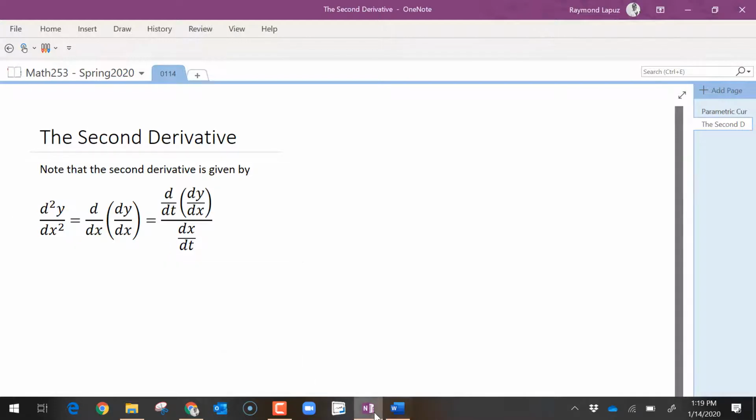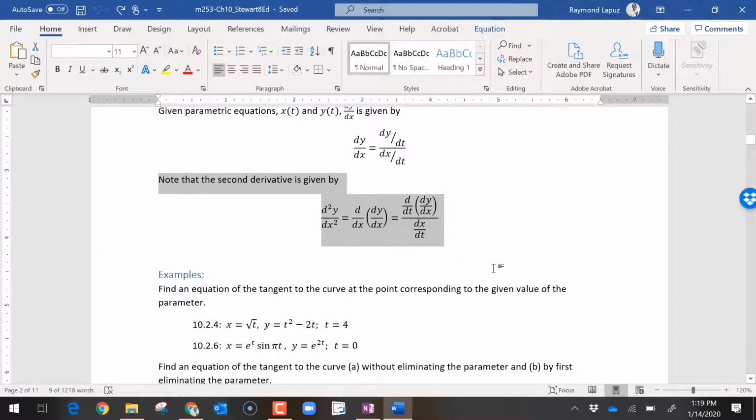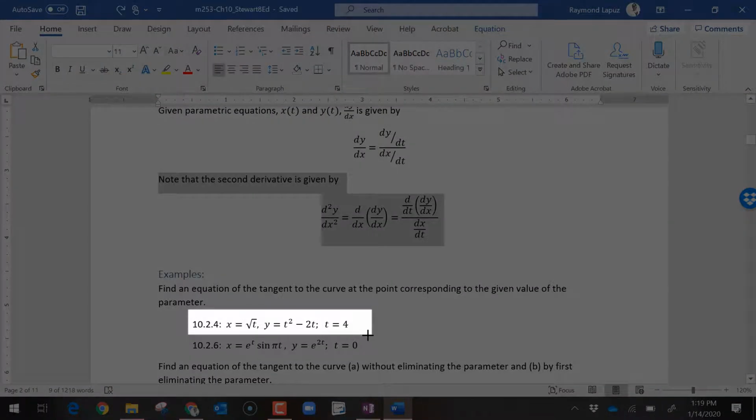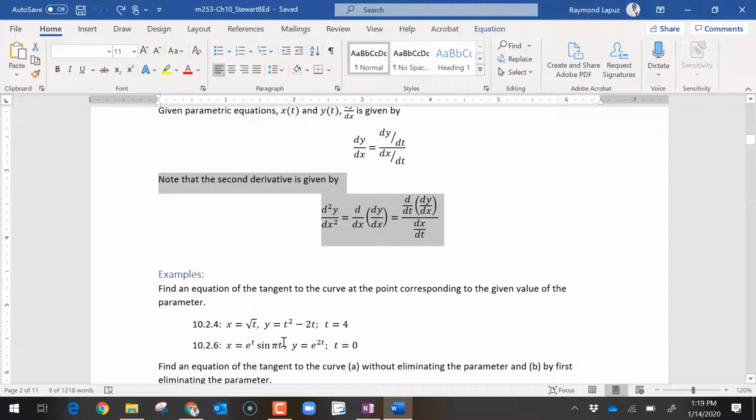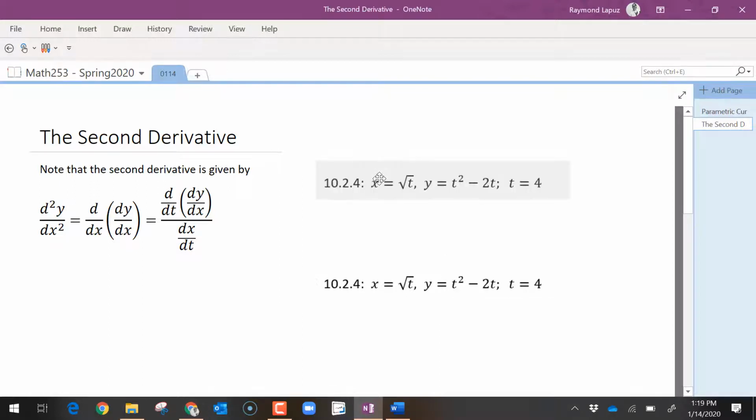So let's use a different function. Let's find the first and second derivatives of this thing at t equal to 4. And then we'll see what kind of graphs we can come out with.